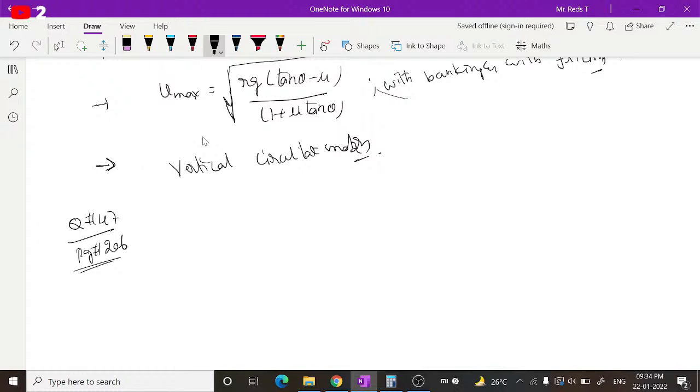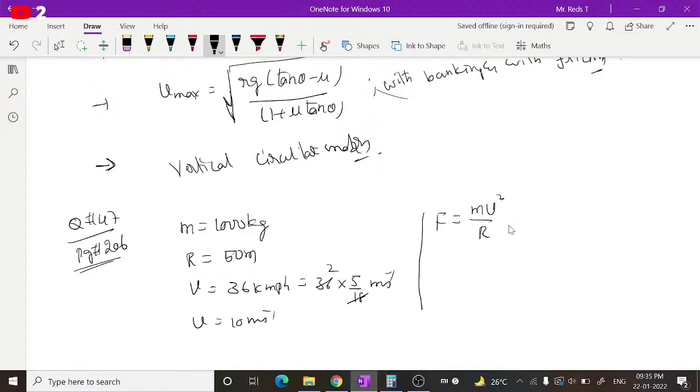R is equal to 50 meter, at a speed of V is equal to 36 kilometer per hour. M is given, V is given, R is given. Substitute, we'll get it. That's it. So we get 2000 Newton.